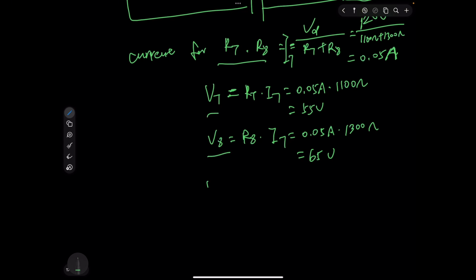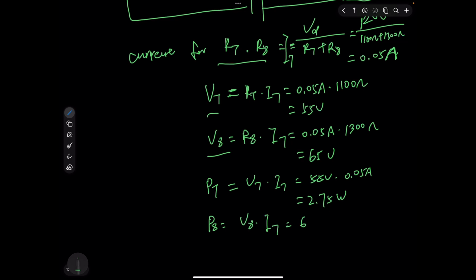And after that, we can get the power for 7, equal to V7 times I7, 55 volts times 0.05 amps, 2.75 watts. P8 will be V8 times I7, 65 volts times 0.05 amps, equals 3.25 watts.